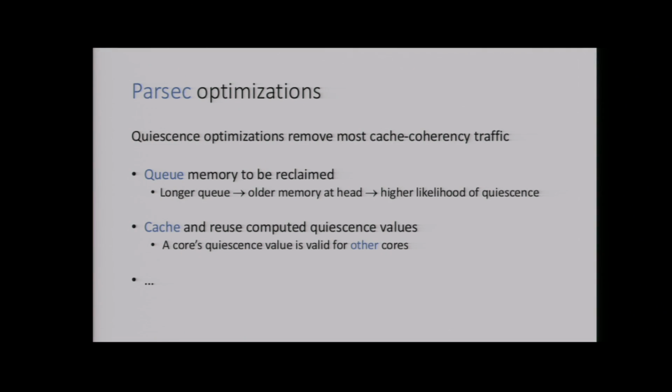Because I have a global ordering of all of these times, a time that they computed for quiescence is valid for me for quiescence. So in the common case, I actually don't walk through all of the other thread structures. I walk through one until I see that it has done the hard work before and computed quiescence for me. There are a number of other optimizations that we do, and I'm going to refer you to a paper because they're far too complicated to explain here.